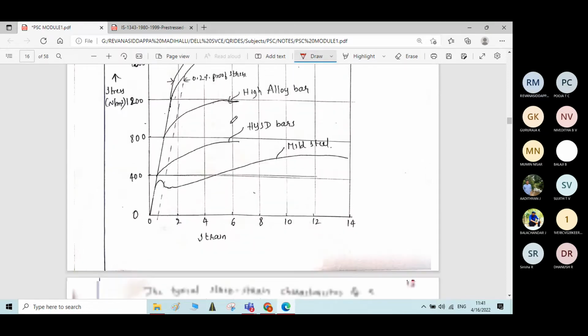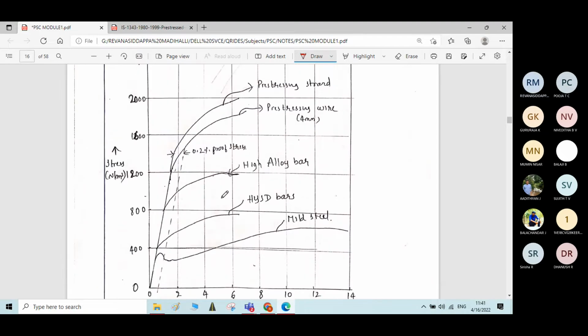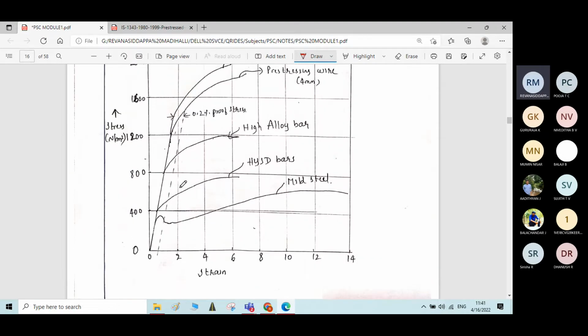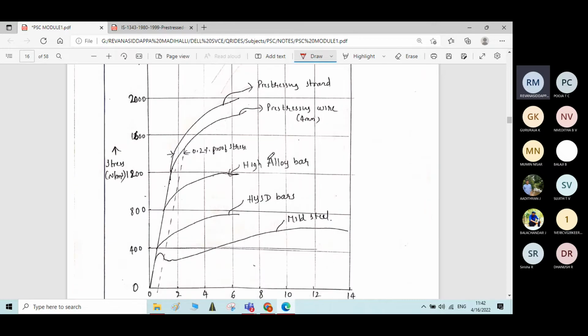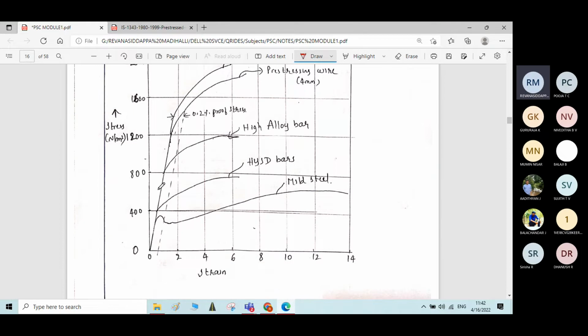If you observe the stress strain relationship between the HYSD bar and mild steel, and the pre-stressing strand or pre-stressing wire used in pre-stressed concrete, the pre-stressing steel has a more ductile nature.